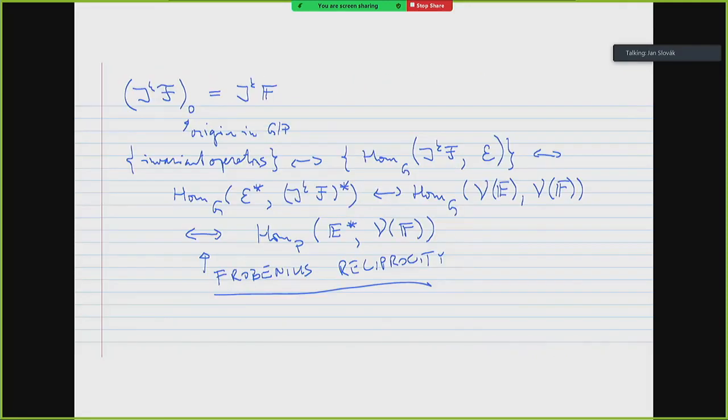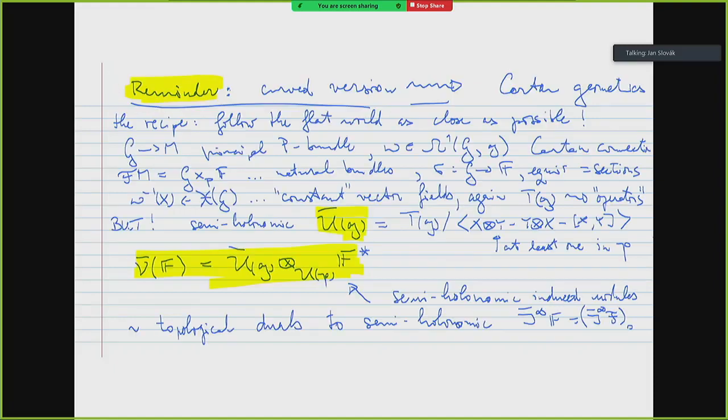Right. So now the reminder is that I was claiming that we are building the semi-holonomic version to be able to go to the curved situation, right?